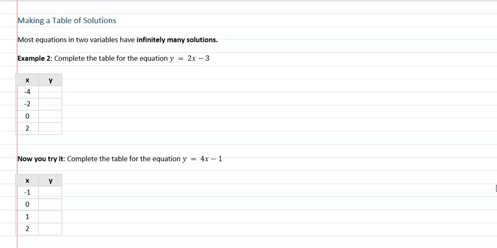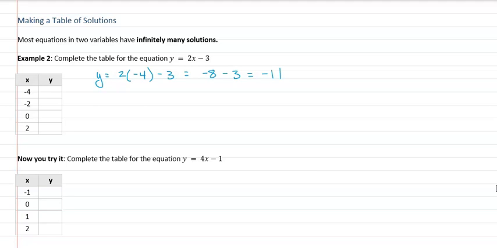So they're asking us to complete the table for this equation, y equals 2x minus 3, for x equals each of these four values, and we're supposed to find y. That means you have to plug this in over and over again. Luckily this is already solved for y, so we're just going to say 2 times -4, so that's the first one right here. That's going to be 2 times -4 minus 3, which is -8 minus 3, which is -11.